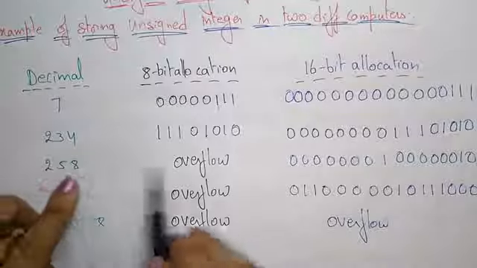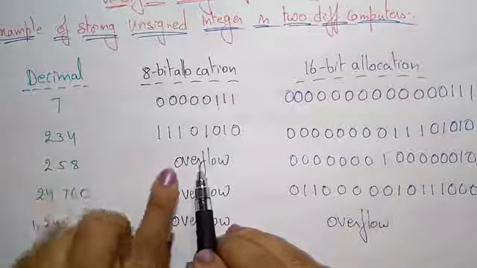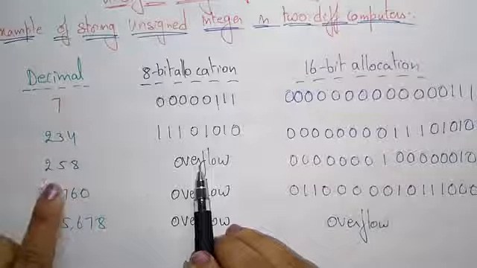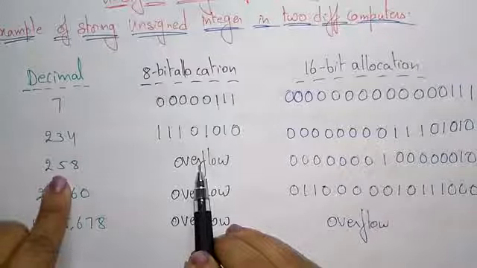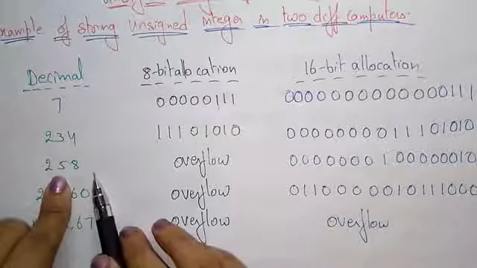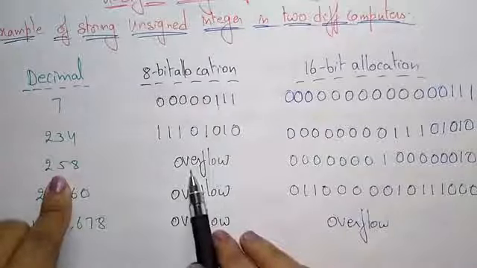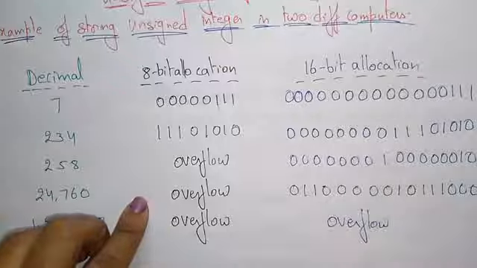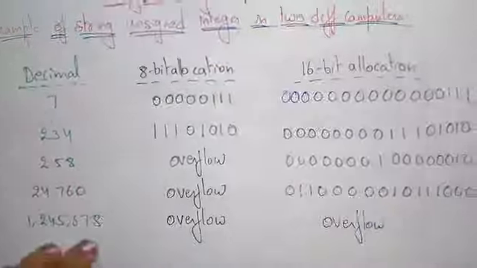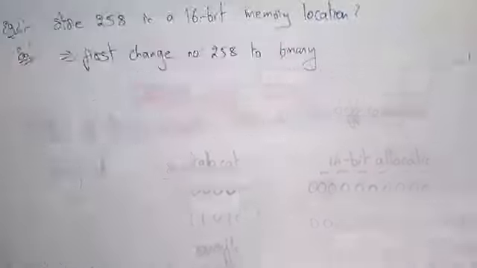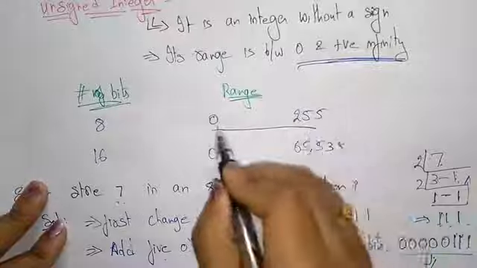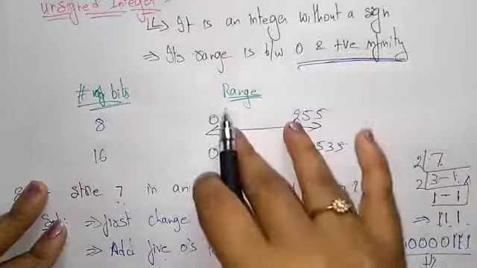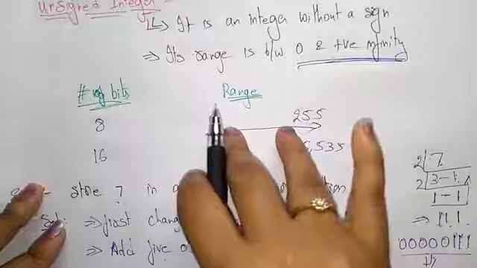So 258, why is it overflow? Because the 8-bit range is from 0 to 255 only, meaning you have to save values only in between these.